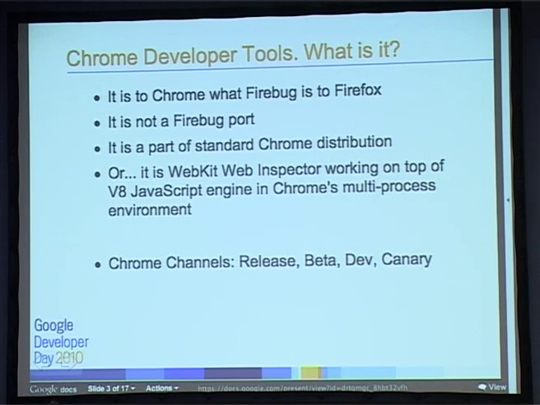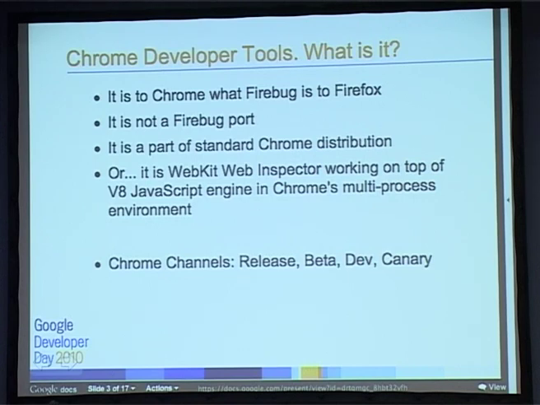As you probably know, there are several distribution channels for Google Chrome. Apart from the stable channel, which is the default one, there is also the beta channel, which is updated about once a month or so. There is also the development channel, which is updated roughly once a week. And also there is the canary channel, which can be thought of as a nightly build of Google Chrome.